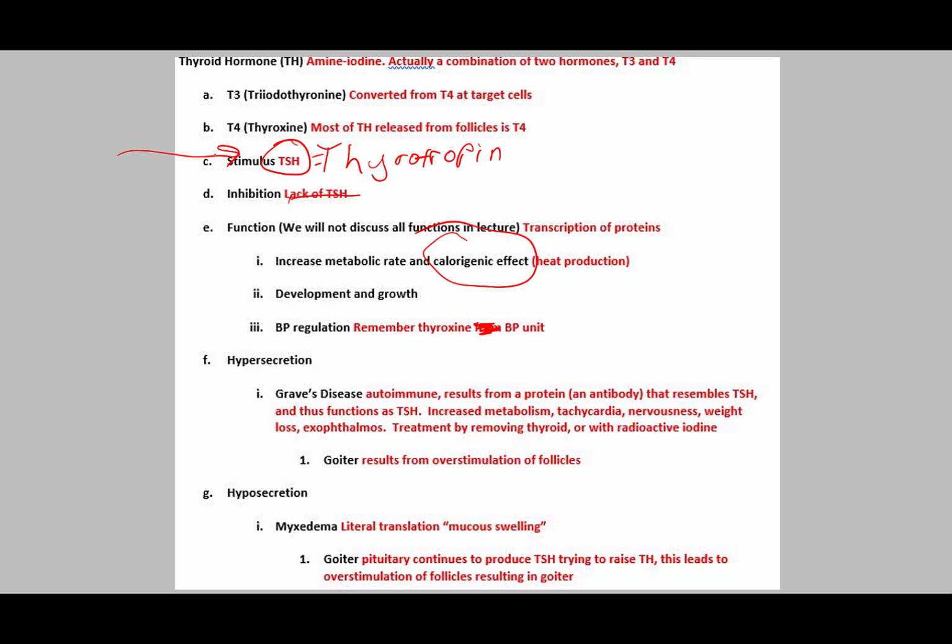If you inject or give tablets of iodine that is radioactive, that radioactive iodine is going to be used to build thyroid hormone. It's going to be placed into the colloid. What happens there? Well, since it's radioactive, it starts to destroy the thyroid follicles, which then fixes the goiter.